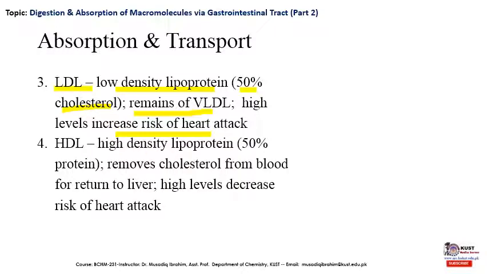And the last type of lipoproteins is the high density lipoprotein, which contains 50% protein. The high density lipoproteins remove cholesterol from blood to be returned to the liver, and high levels decrease the risk of heart attack. So it means that HDL is good for health and LDL is bad for health.